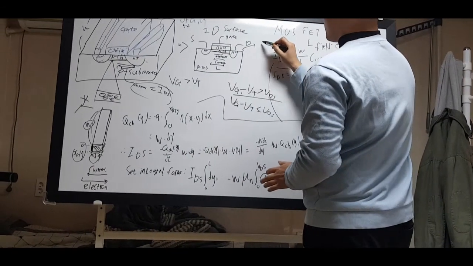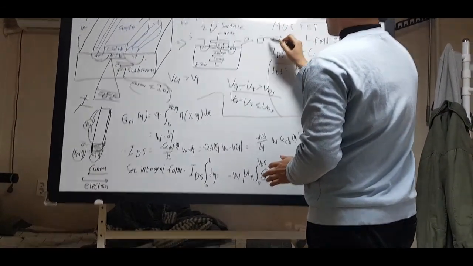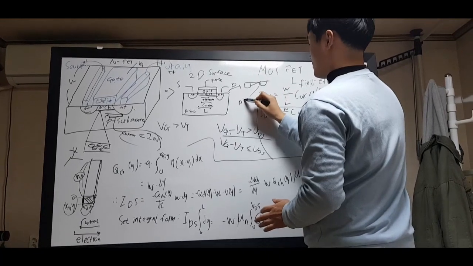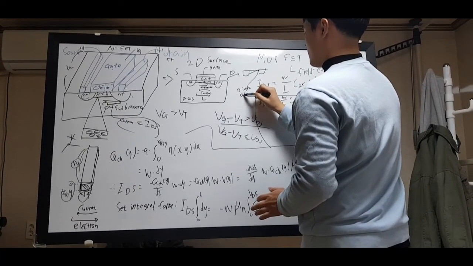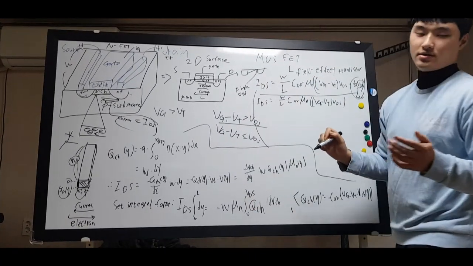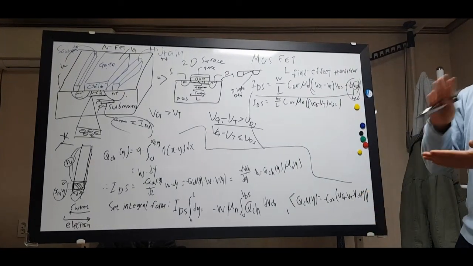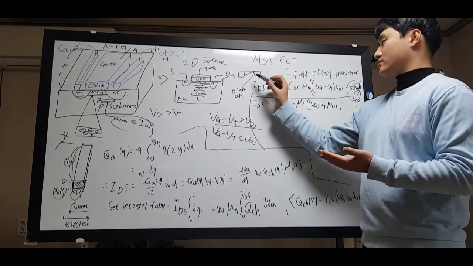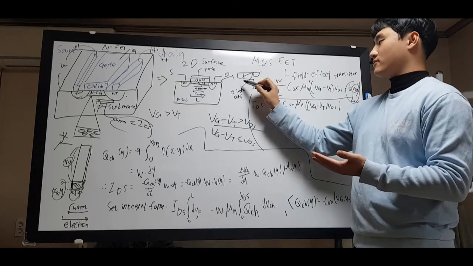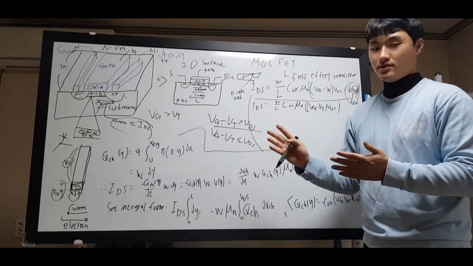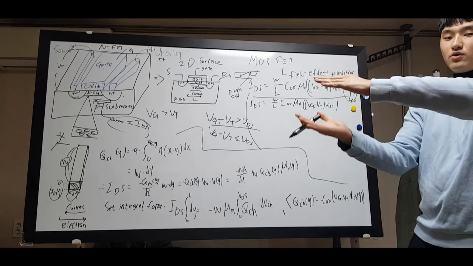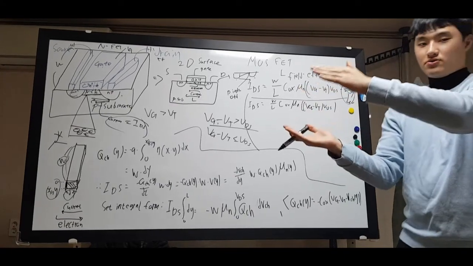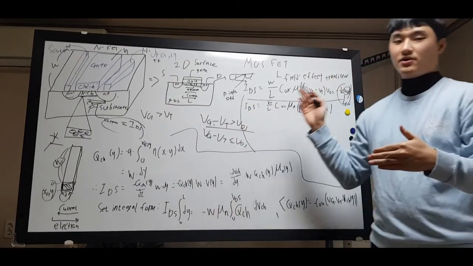So here will be the pinch off. Pinch off means the channel is somewhat cut. So as we move by distance from source to drain, the channel will get narrower and narrower, and it will make some saturation. Saturation will be talked about later.